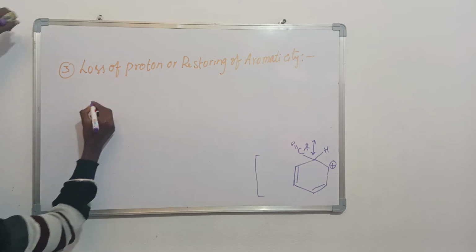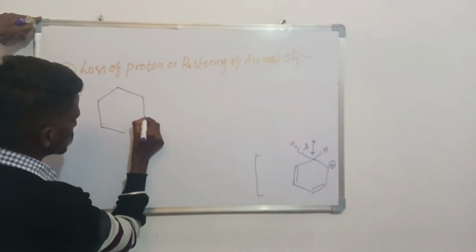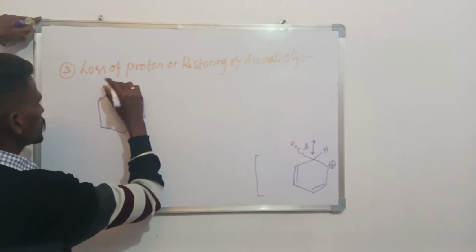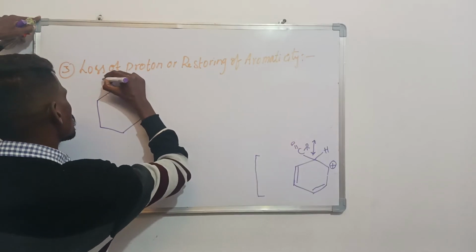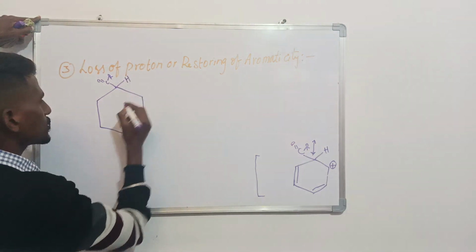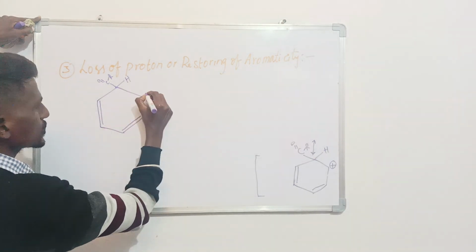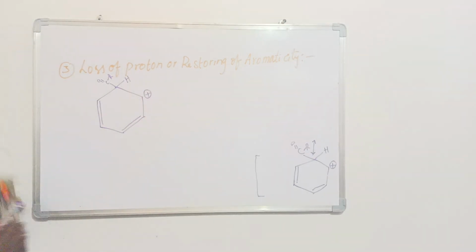So in the last step, what happened? It got this structure. C double bond O R will be present here, and hydrogen will be present here. The double bond system will be present here. It got the positive charge.